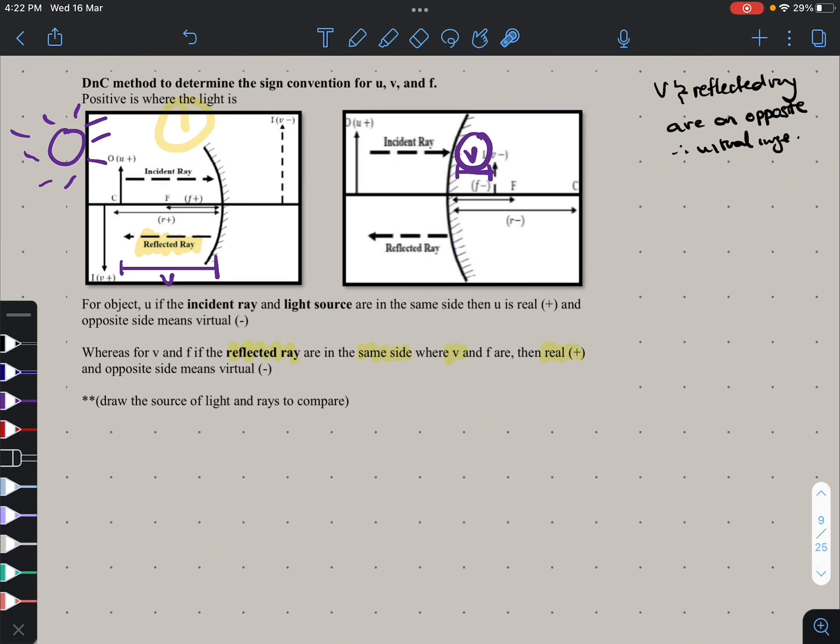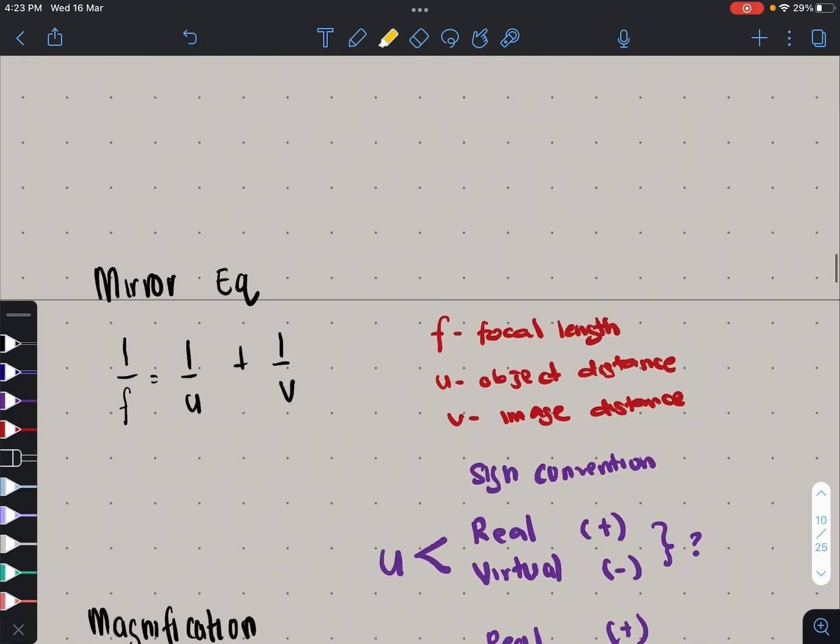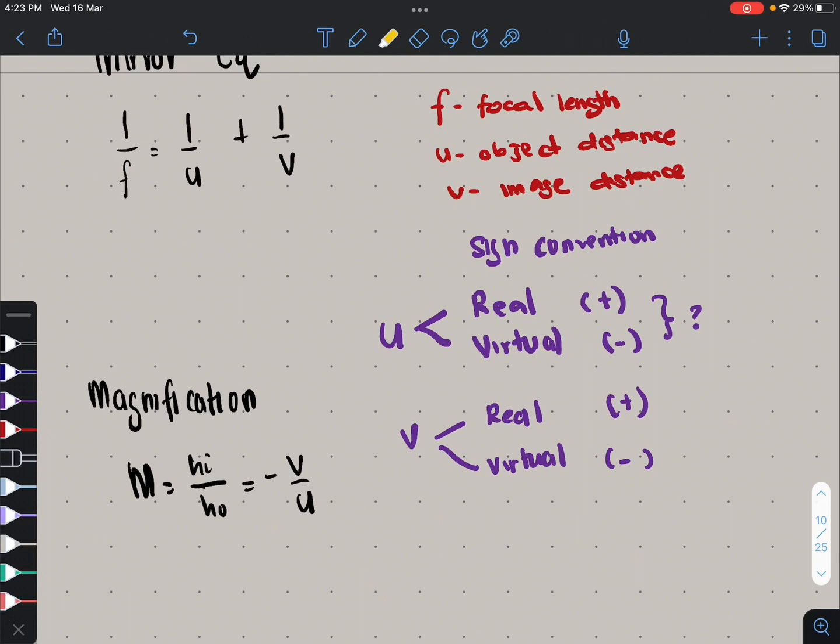Sebab dia opposite side, your V is opposite to the reflected ray, maka dia adalah virtual image. So V kita akan jadi negative dekat sini. And as you can see, it is labelled here negative juga, sebab kita punya V dan juga reflected ray opposite side. So that is how you deduce whether your V is positive ataupun negative, dengan kita tentukan dia real atau virtual.